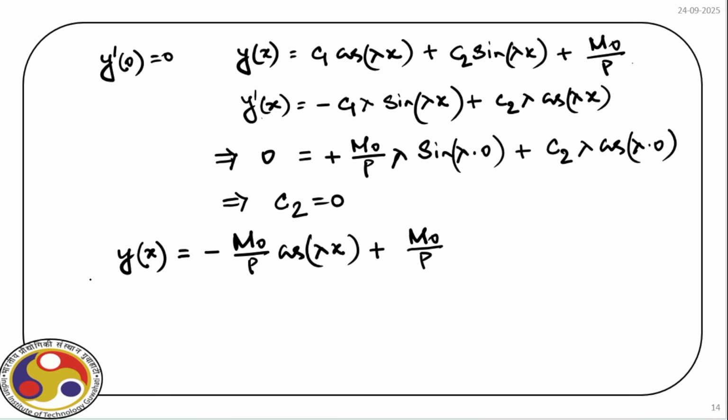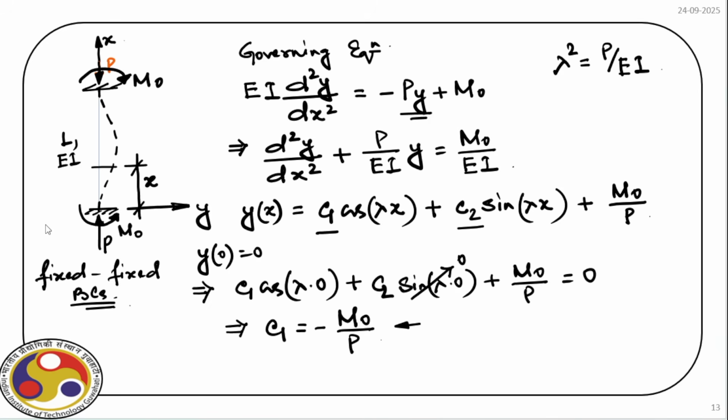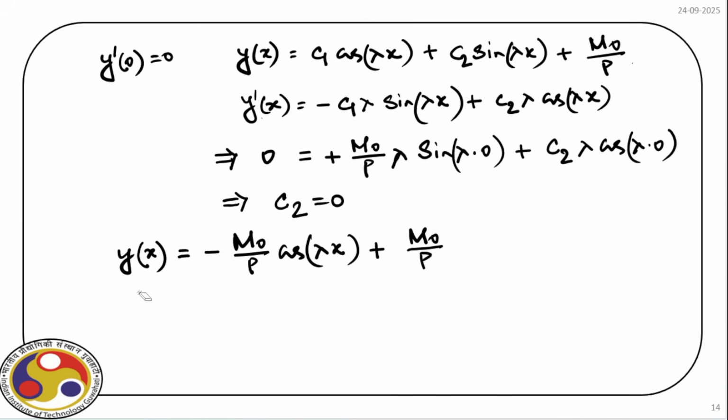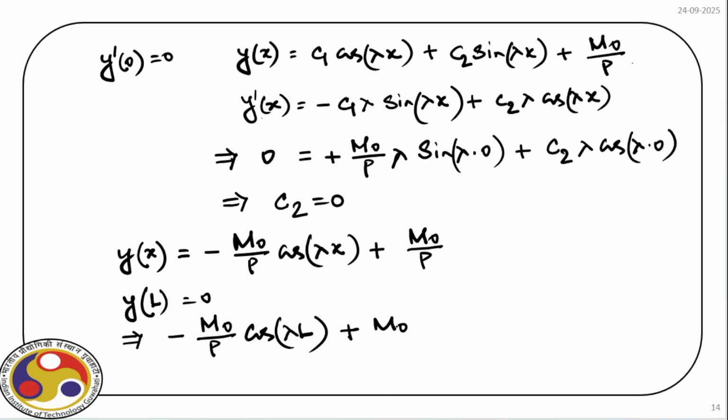Now, if we look at the boundary conditions, obviously at x equal to L, we have the deformation is again 0, right? So if we satisfy that condition, y of L is equal to 0, then we get minus m0 by p times cos of lambda L plus m0 by p is equal to 0.